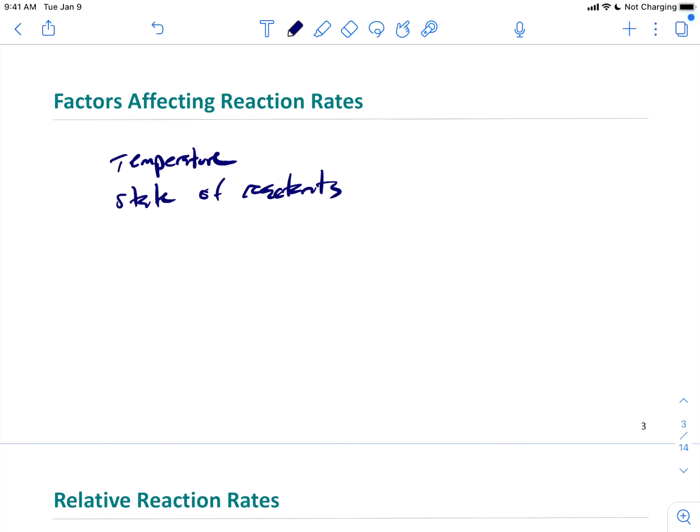If they're gases, solids, or liquids, right? The concentration of the reactants. Thing called catalyst, which you all probably know what those are. They're substances that speed up reactions without being consumed. So they can speed up another reaction and go and speed another one.